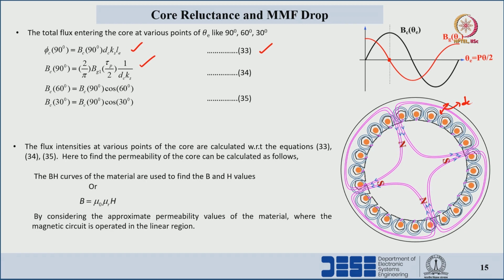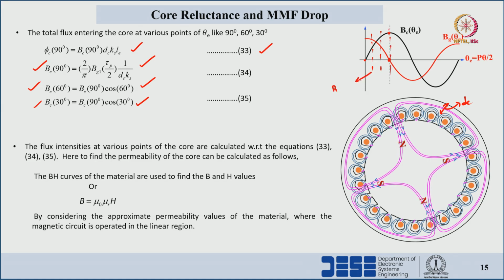Okay. And then the flux density at an angle of 60 degrees is equal to Bc at 90 degrees into cos 30. So, we know the flux density at an angle of 90 degrees, at 60 degrees, and at 30 degrees.